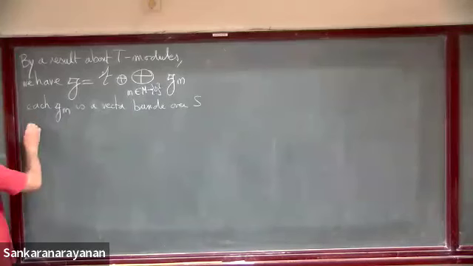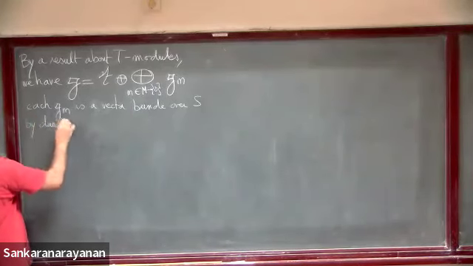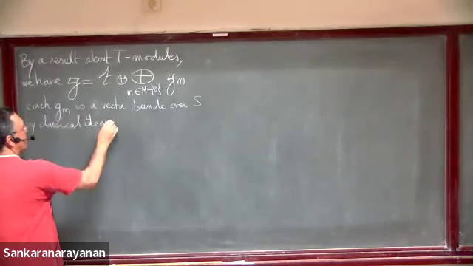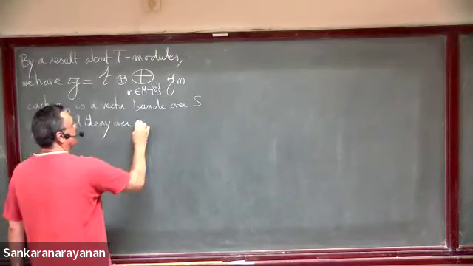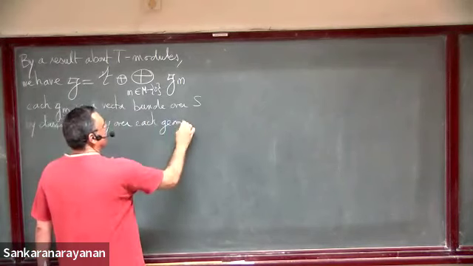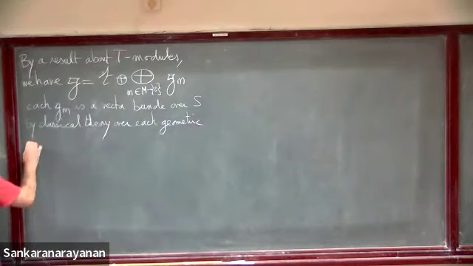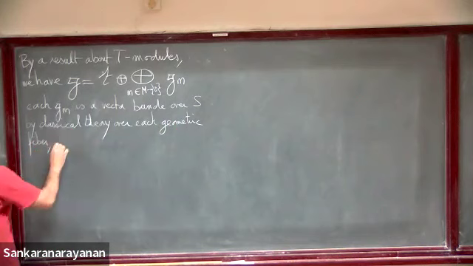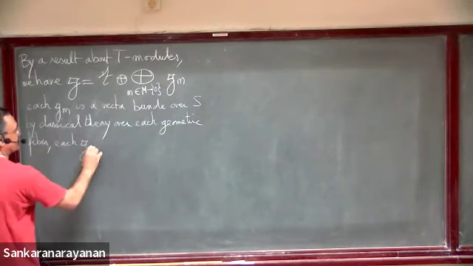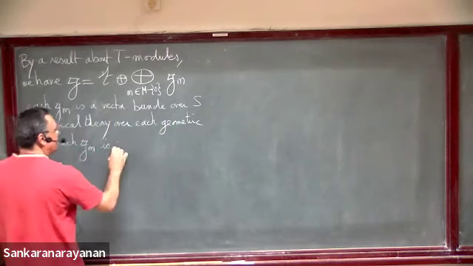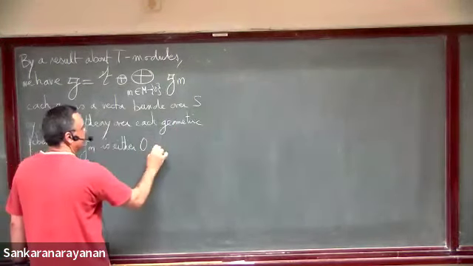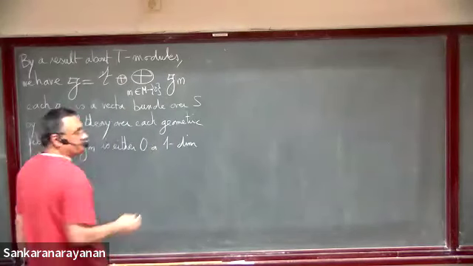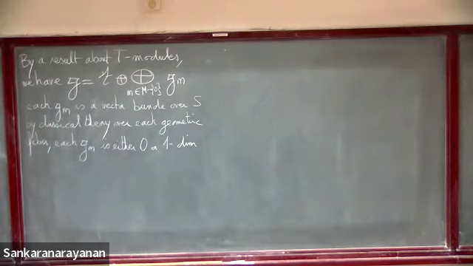And by the classical theory, over each geometric fiber, we get that each g_m is either 0 or one-dimensional, because we know that in each geometric fiber the root spaces of our Lie algebra are one-dimensional.